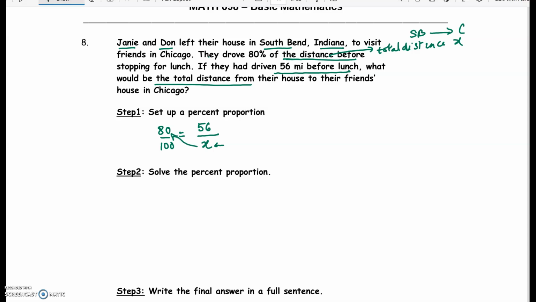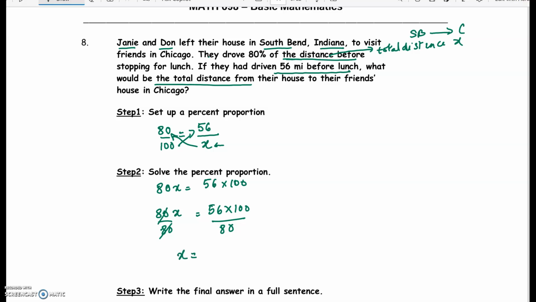So we cross multiply. 80x is equal to 56 times 100. Divide both sides by 80. 56 times 100 over 80.